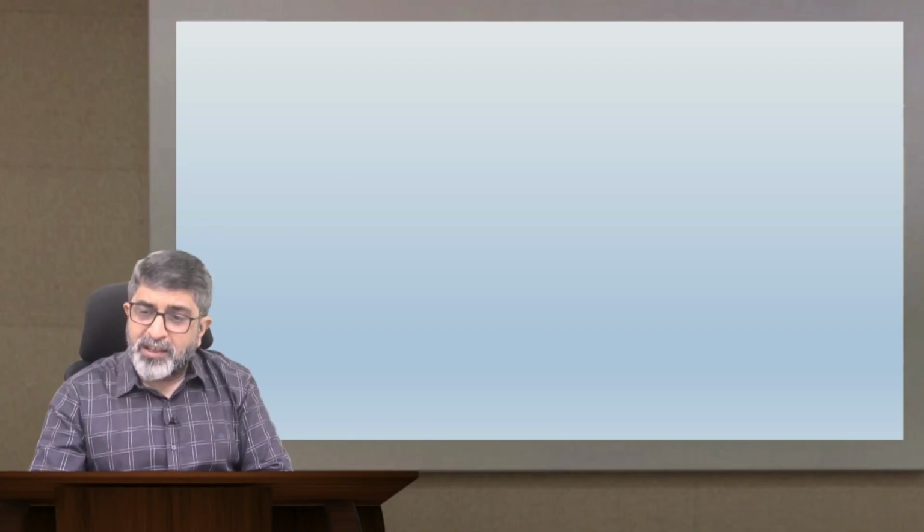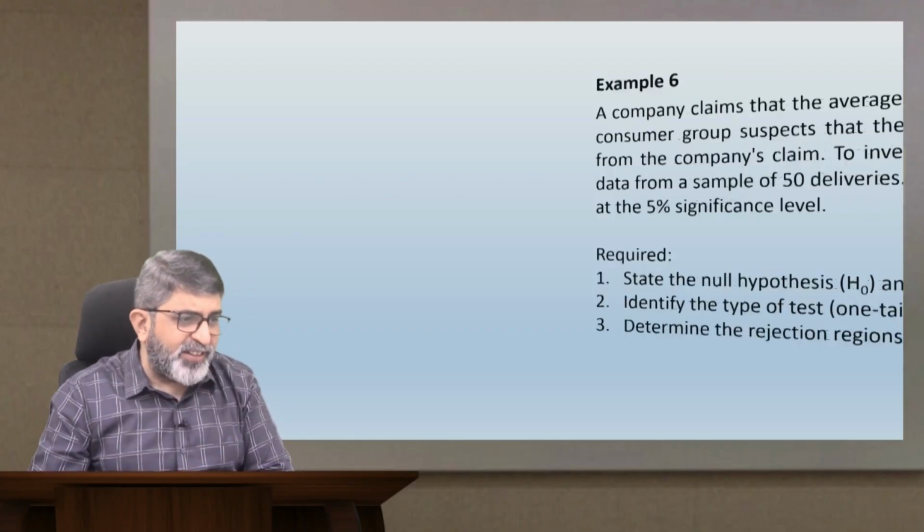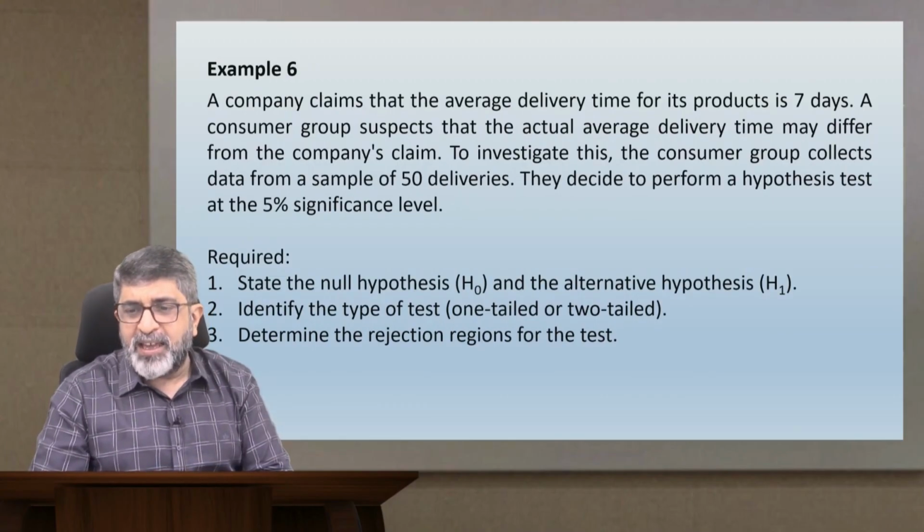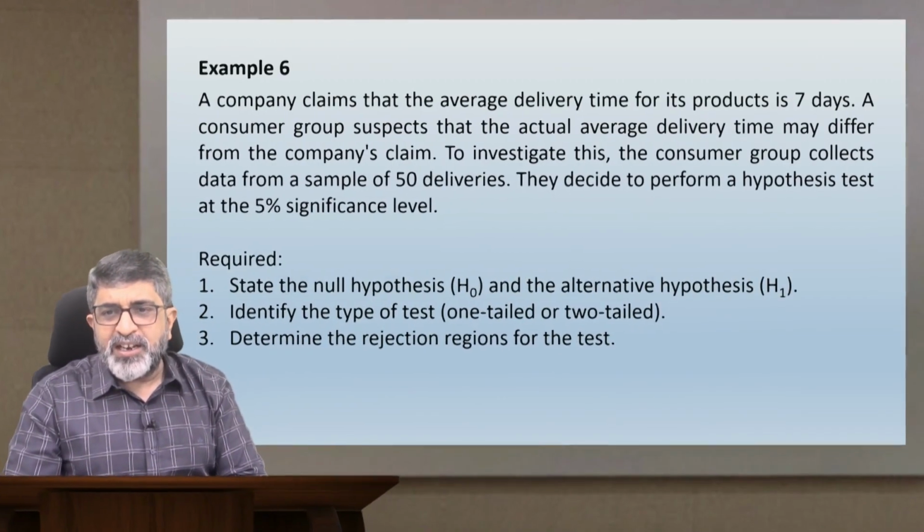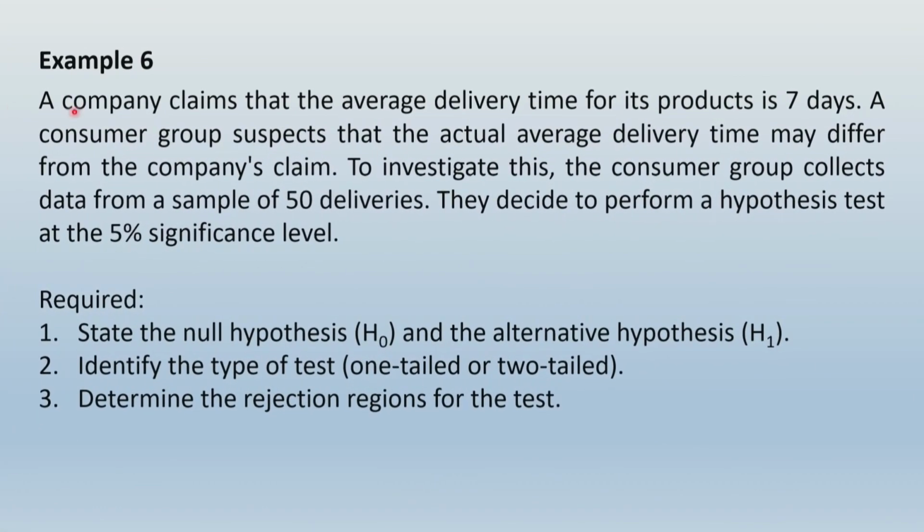So let's do one thing. Let us take up the next example in our sequence, that will be example 6. Let us read this example first. A company claims that the average delivery time for its products is 7 days. A consumer group suspects that the actual average delivery time may differ from the company's claim.